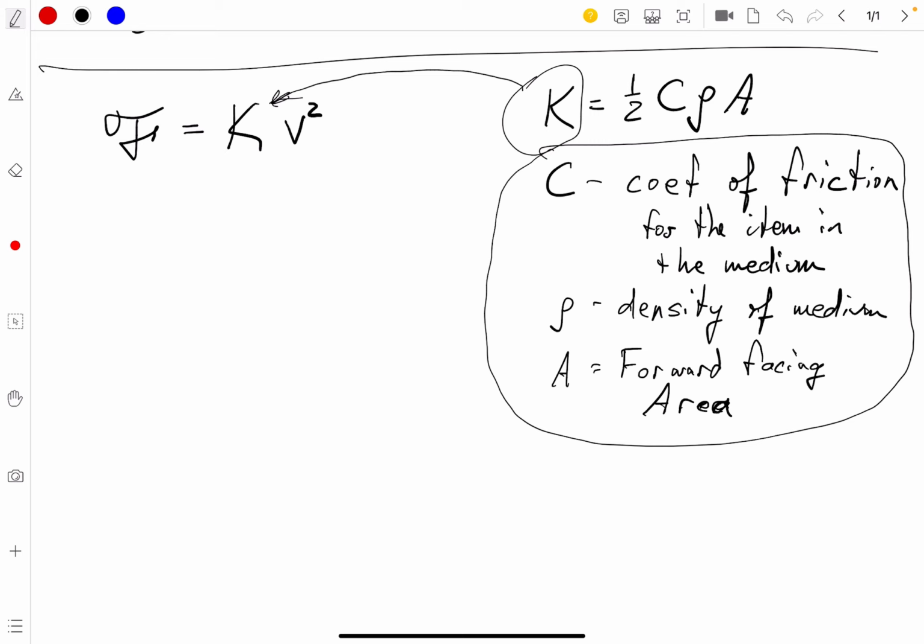So we've got this K, I'm calling it. In the notes, it's C, but I don't want to duplicate C. So let's talk about this for a second.